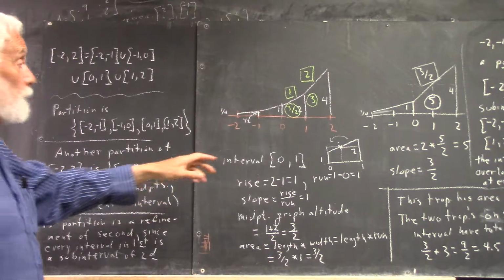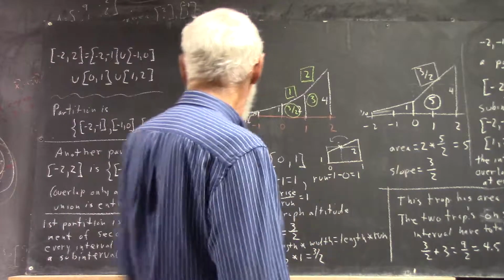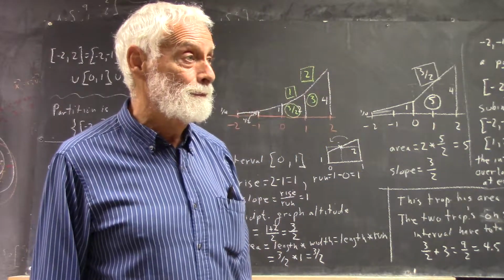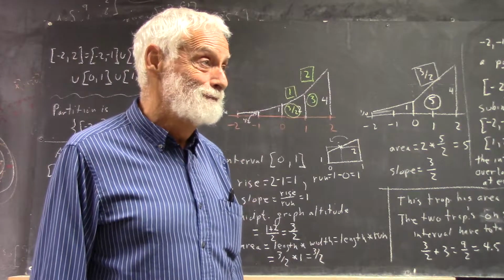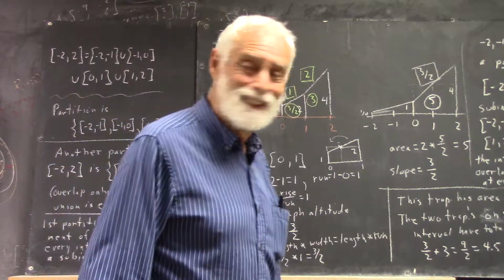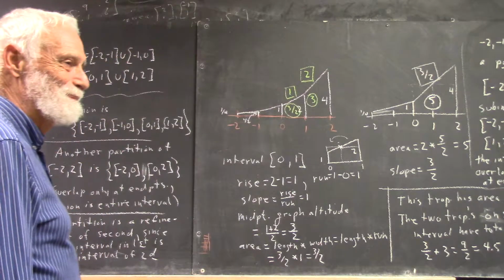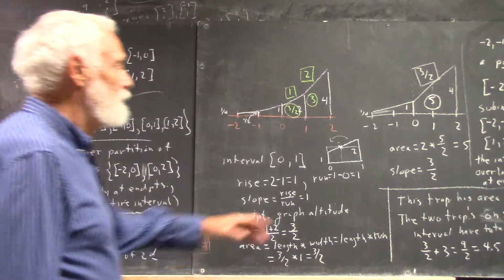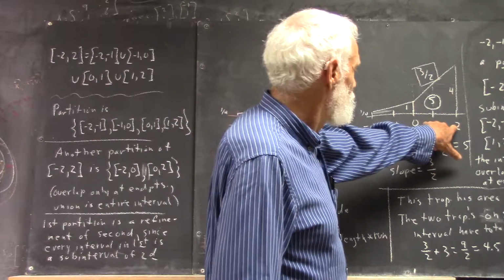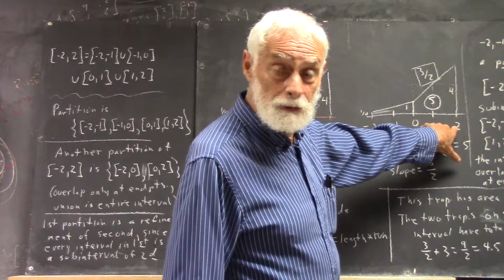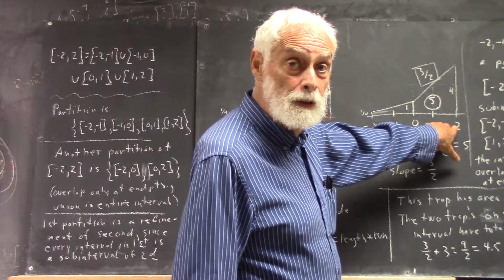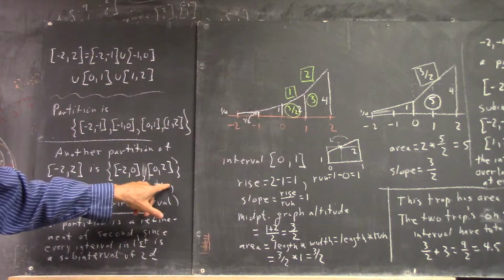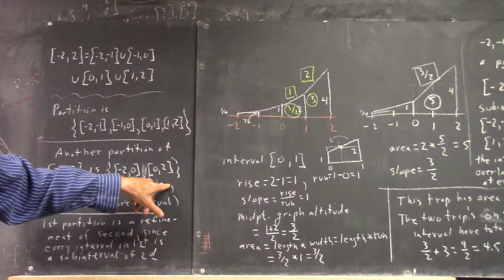I've got a trapezoid on the interval -2, 0, and another one in the interval 0, 2, right?